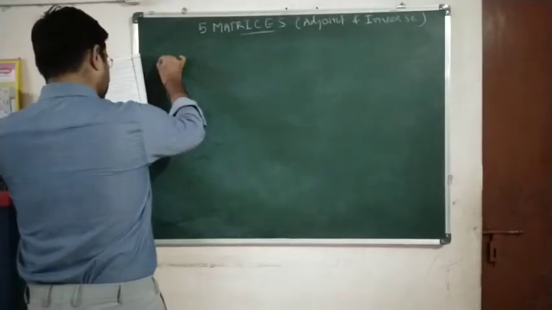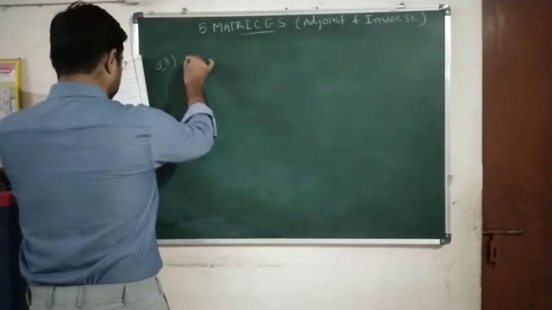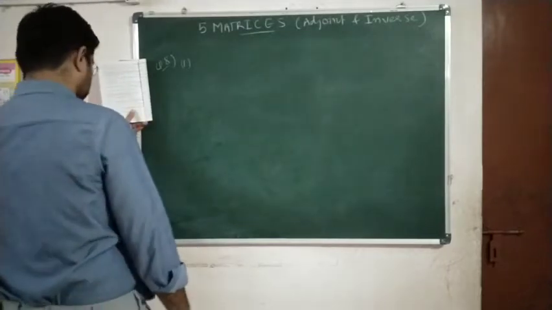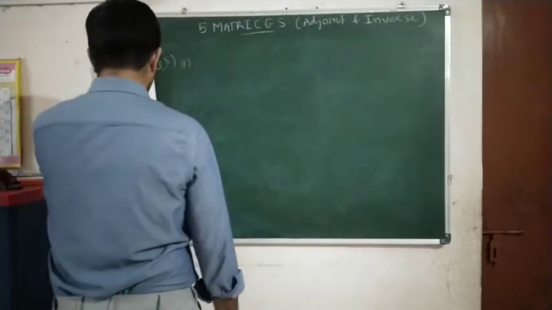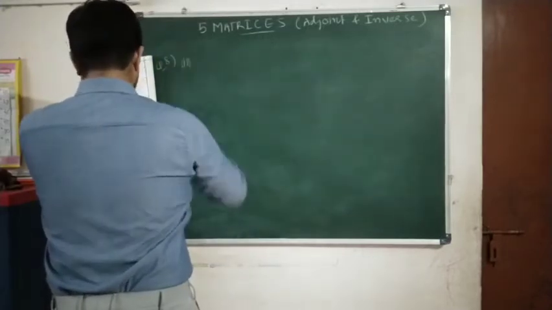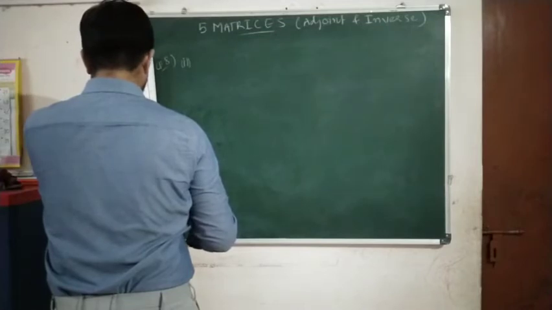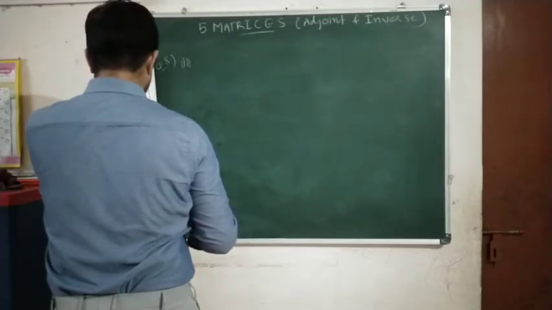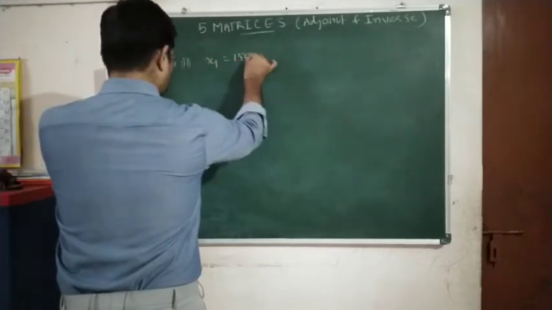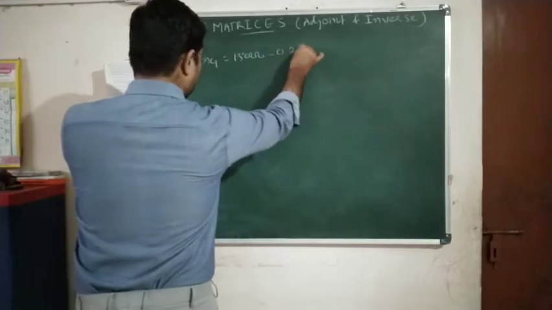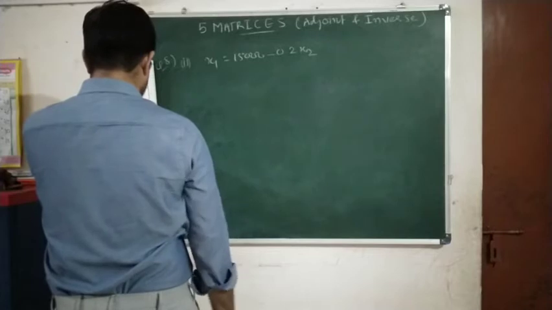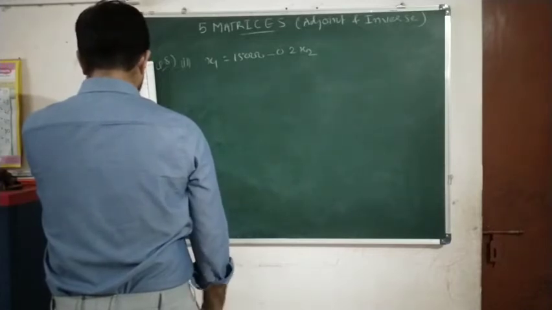Suppose the demand curve for automobiles over some time period can be written as x1 is equal to 15,000 minus 0.2 x2, where x1 is the price of automobile and x2 is the corresponding quantity.